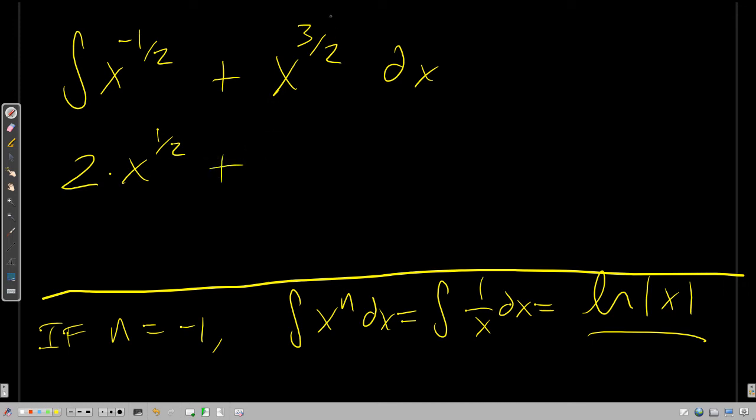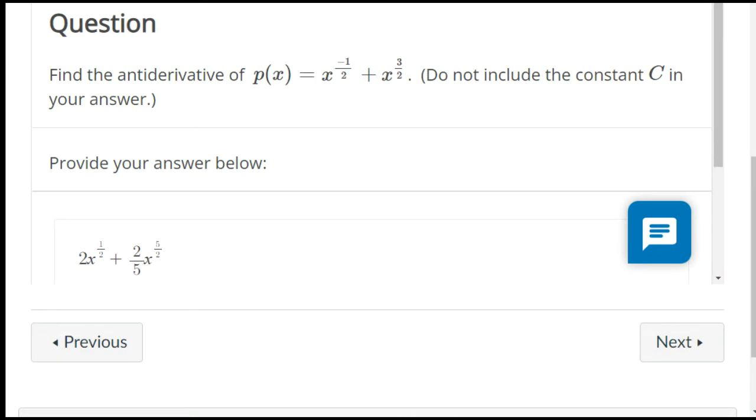And then 3/2 plus 1, that's 5/2. Now I'm going to divide by 5/2. And there's my antiderivative. Type in the answer without the constant. And there we are.